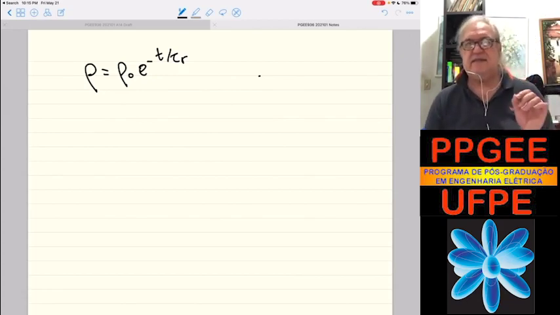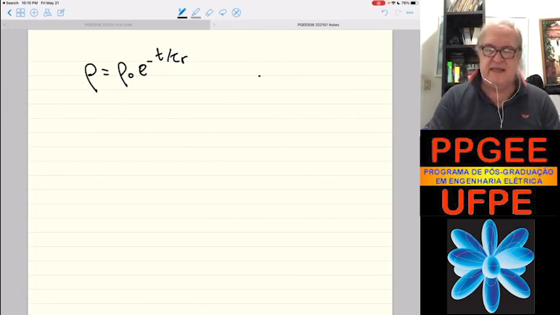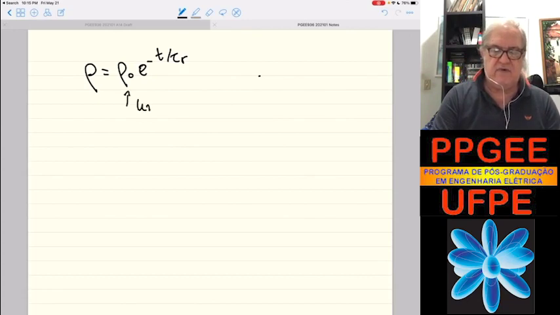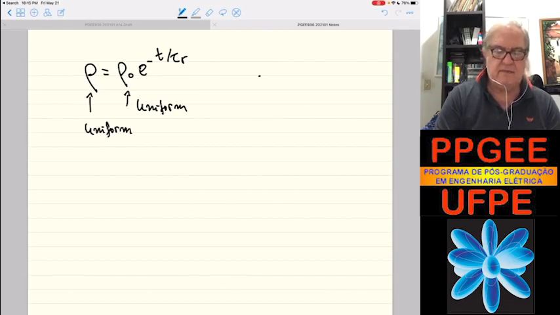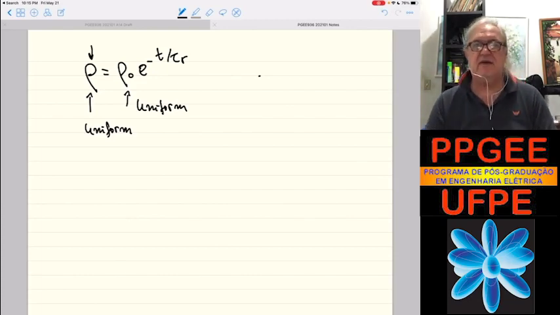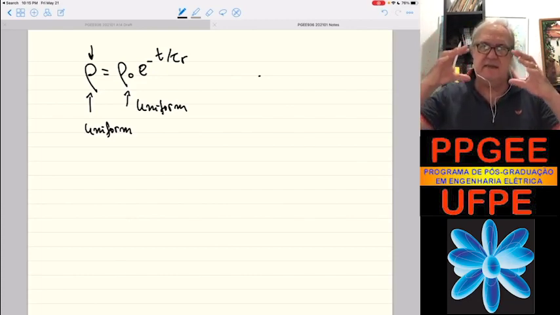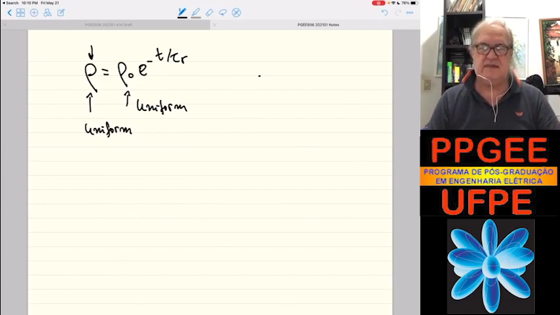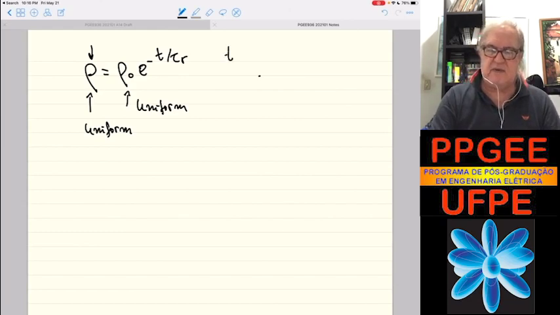At all instants of time, the density originally is uniform, and it remains uniform at every instant of time. So we have a very high symmetry problem in which the density is always independent of coordinates. It's decaying, and this is independent of coordinates. For instance, at t equals 0, the charge in the sphere is the volume times rho 0.